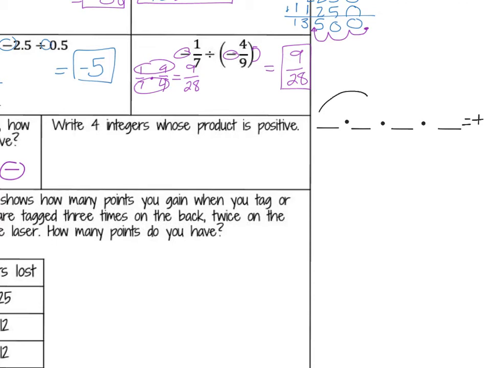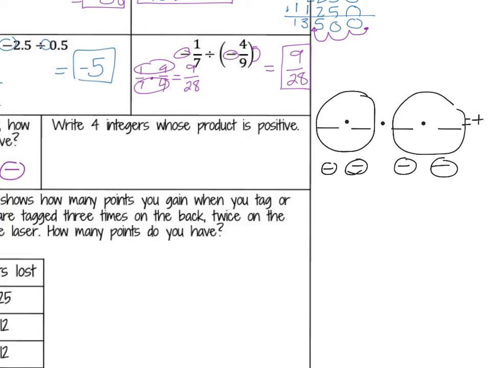So that means that these two numbers need to, whatever their answer is, needs to match the sign of these two numbers. So you could do all negatives, right? Because these two multiplied would be positive, these two multiplied would be positive, and multiplying those together would get you to a positive.